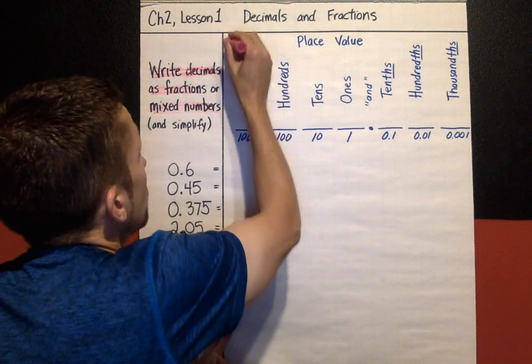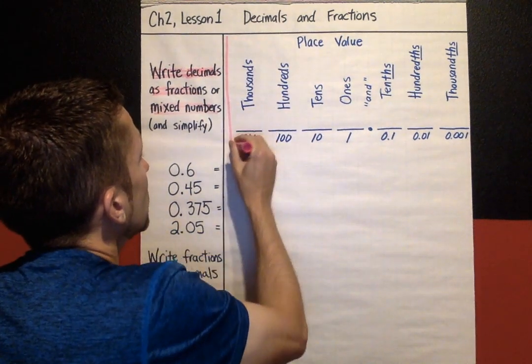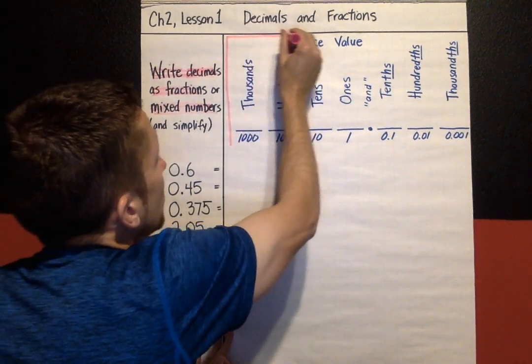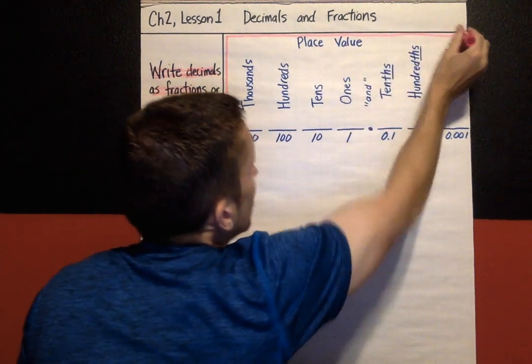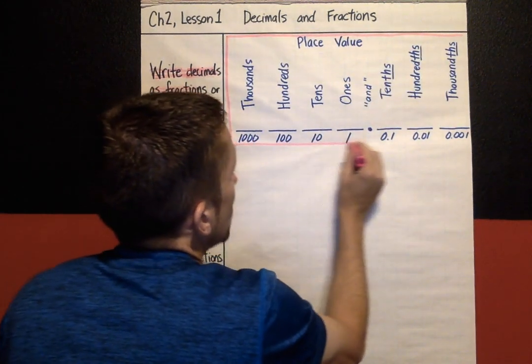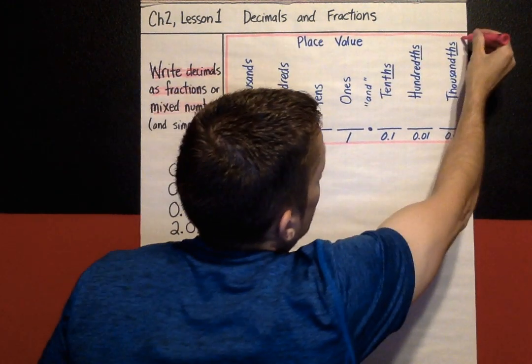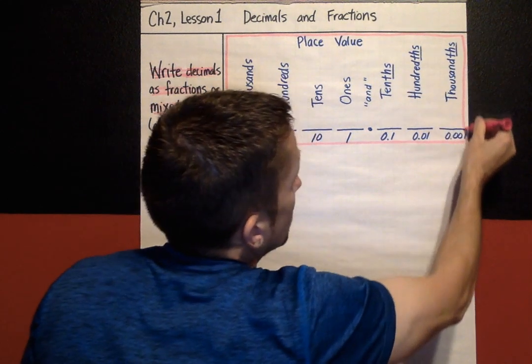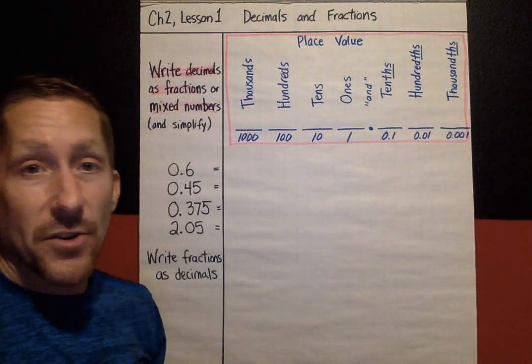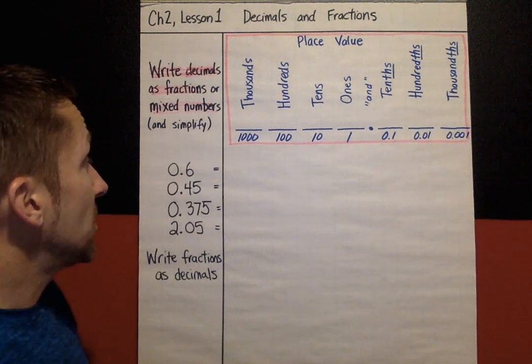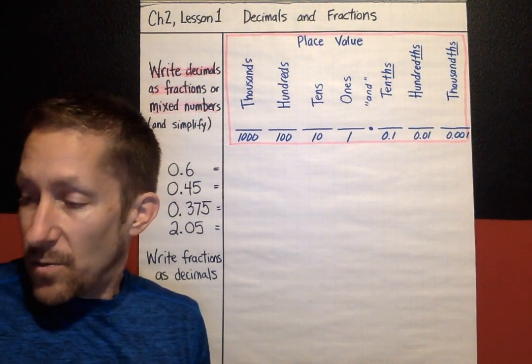I'm going to highlight this whole thing, because you're going to use that whenever you have a decimal and you're trying to change it into a fraction. So let me show you how this works.